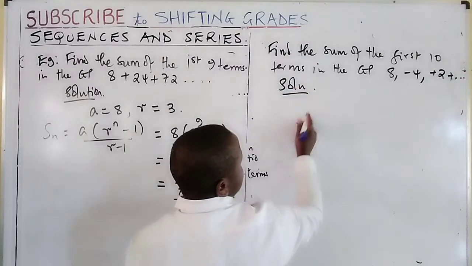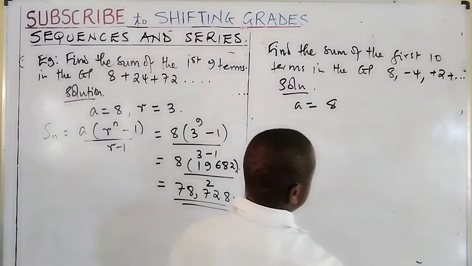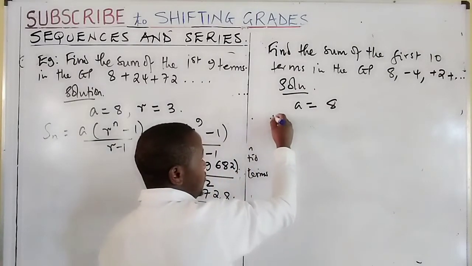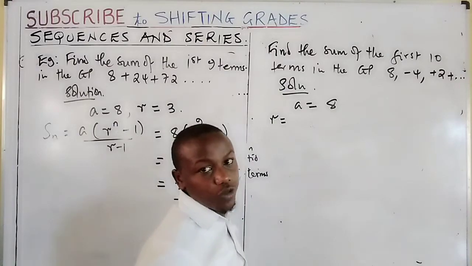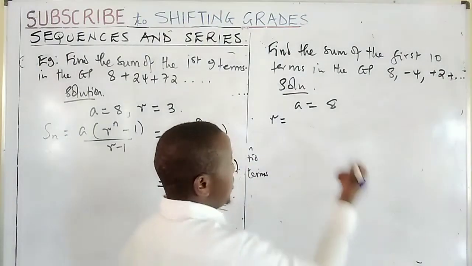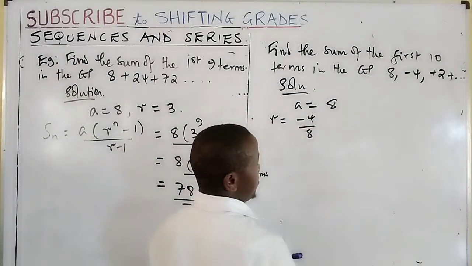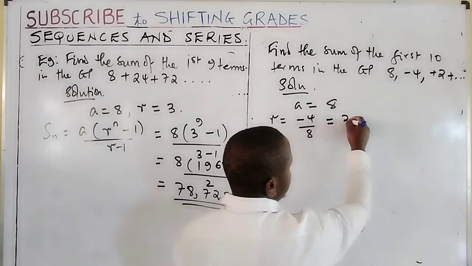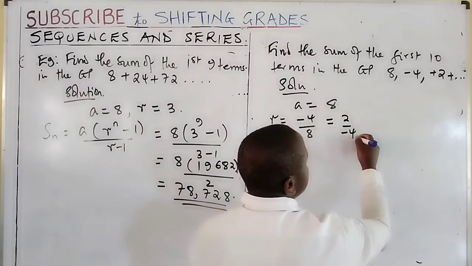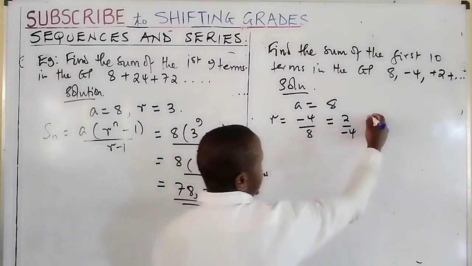Solution. We can see the first term is 8 in this case, so we can get the common ratio by checking what has been multiplied in each case to get the next term. Negative 4 divided by 8 gives negative half, or we take 2 divided by negative 4 to see whether the answer is the same.